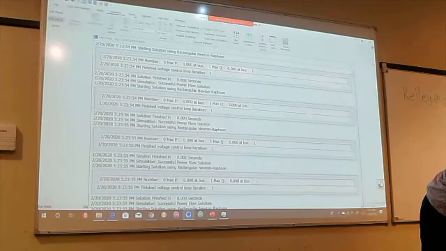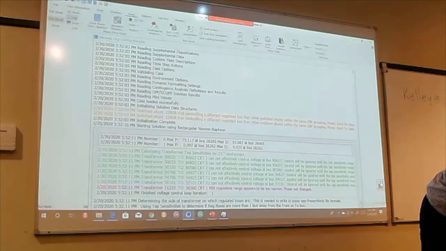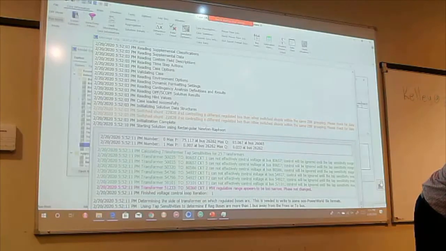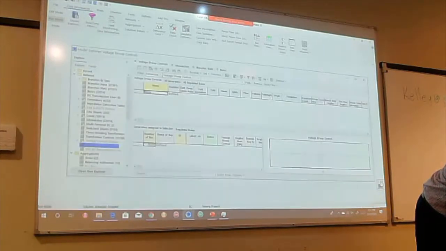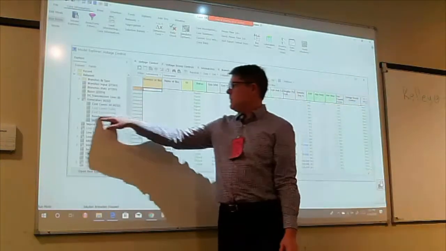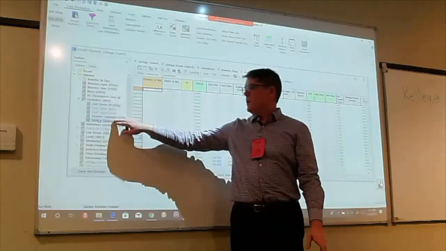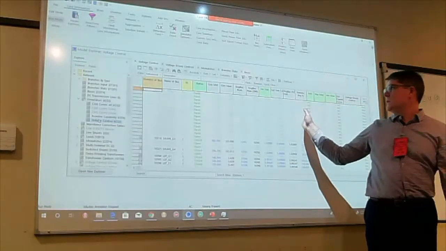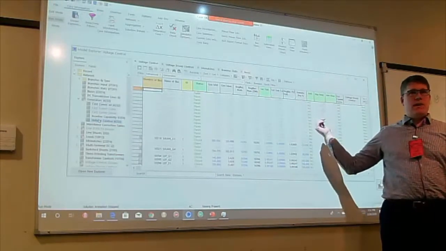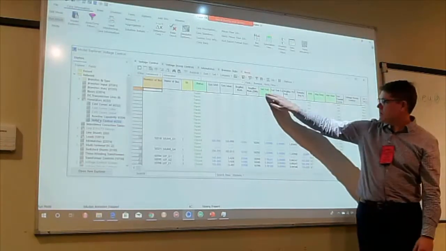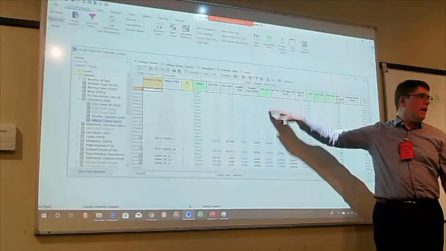So anyway, what Simulator has added, there's a new field in version 21 on a generator called the voltage set point tolerance.